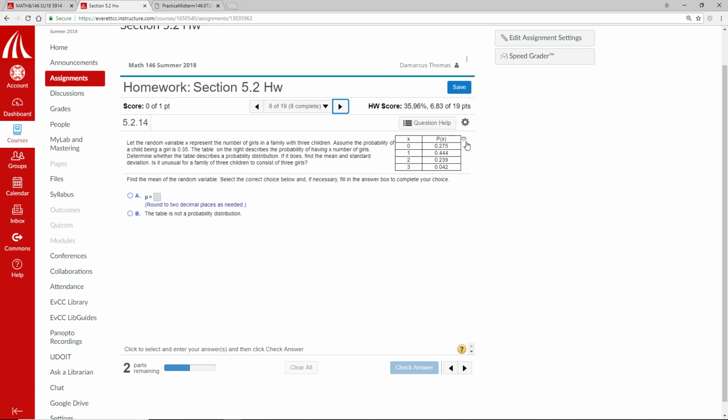What would be the mean here? There's really no shortcut way to do it. You have to multiply, add, multiply all the way, and then divide by the sum of that column.